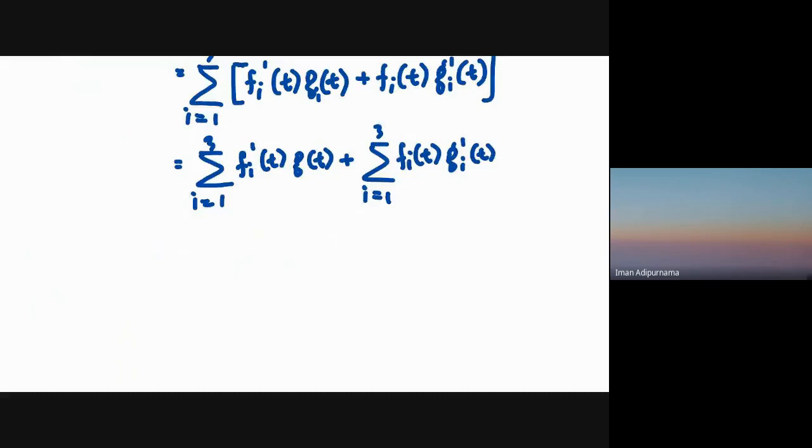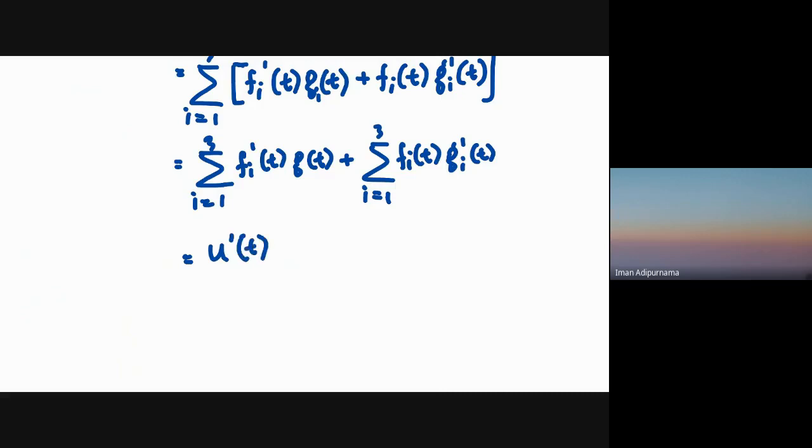And this is actually this. And each part of this is actually the dot product, right? We move back to the u and v.